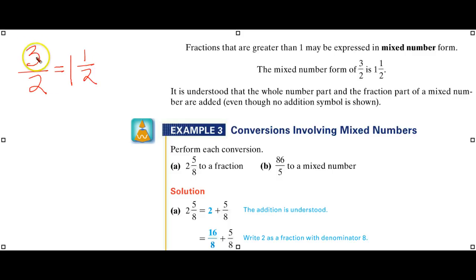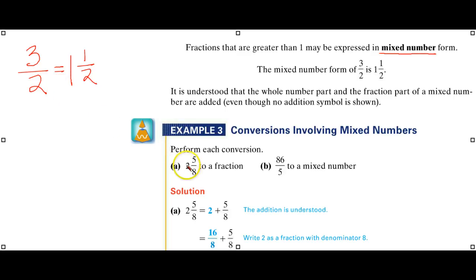So this is an improper fraction, and this is what we call a mixed number. Now, if we have a mixed number, we can convert it to an improper fraction by saying our denominator over here is 2, 2 times 1 is 2, plus 1 is 3, over the 2. So we can work back and forth.